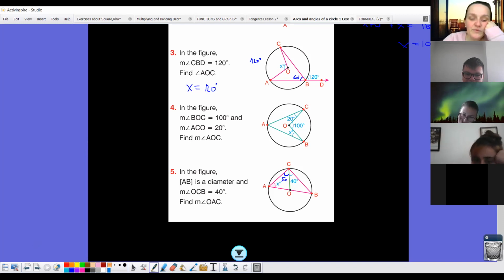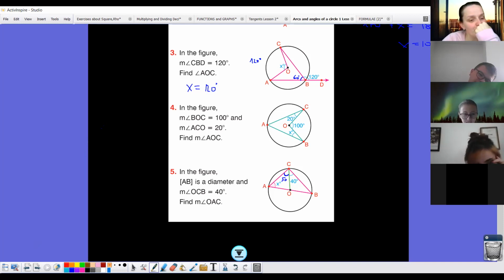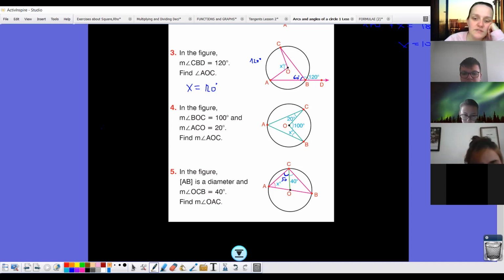Yes, guys, what will be x? OA, OC, the sides OA, OC. There is a triangle AOC, yes? Or the triangle OCB. The sides OA and OC, what are they?